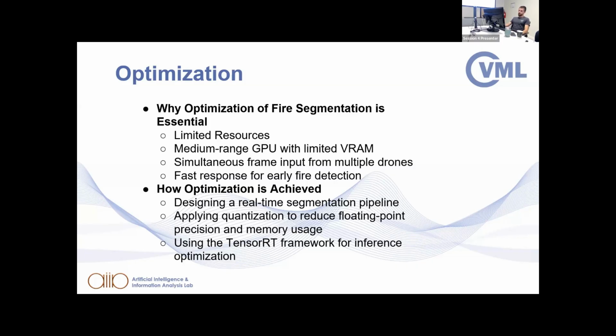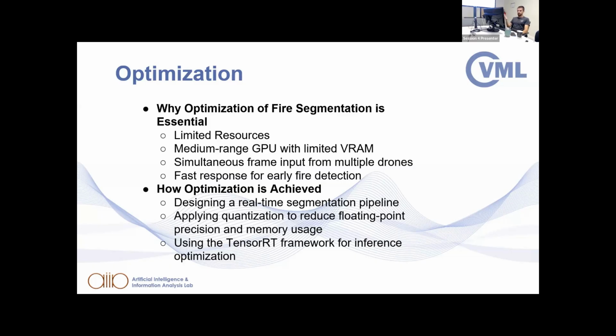How is optimization achieved? The first way is choosing only real-time segmentation models. The ones I presented, from the U-Net family, are real-time segmentation models, and even the ones we developed are real-time segmentation models that require small memory and have paths that can be parallelized.